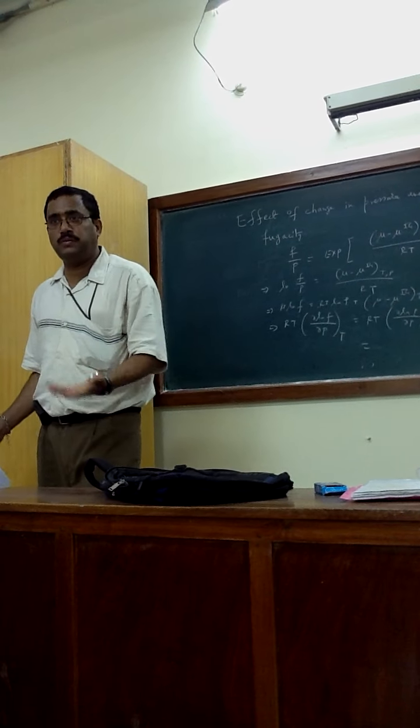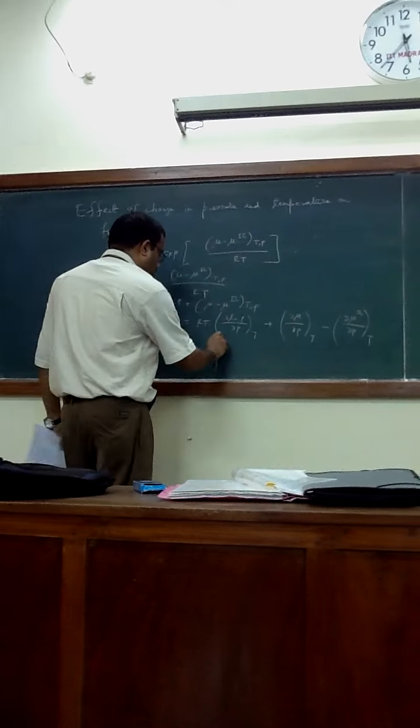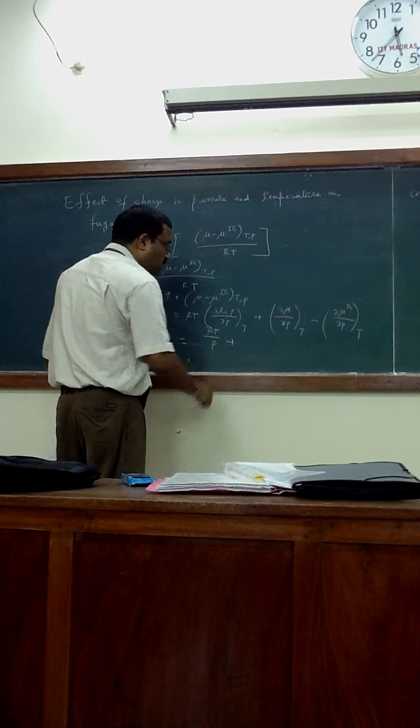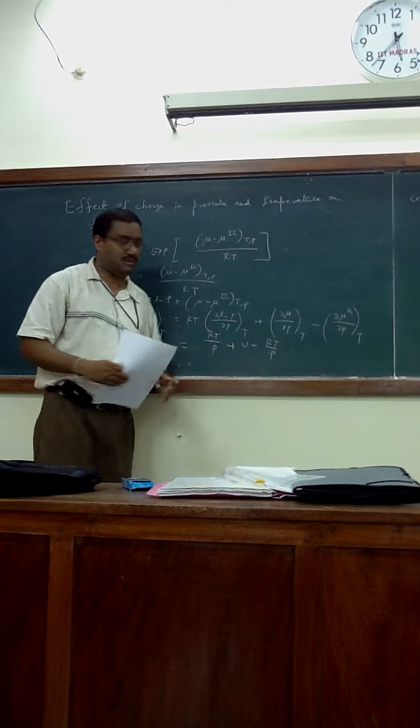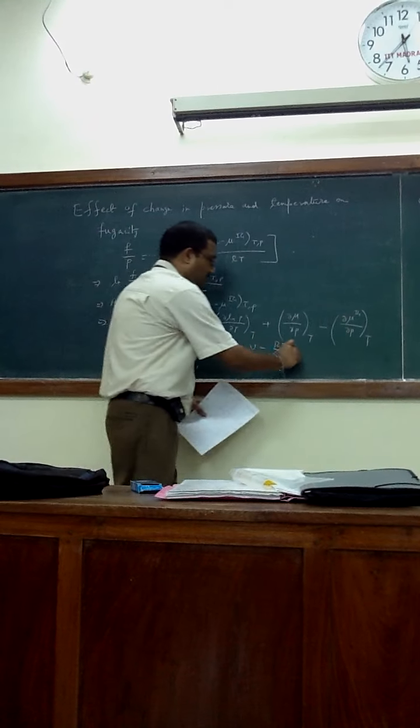Unless I talk like this, you won't give me the answer. So RT by P plus V minus Vig, which means RT by P. This gets cancelled. We have V.